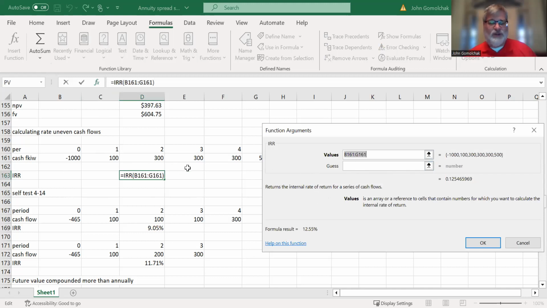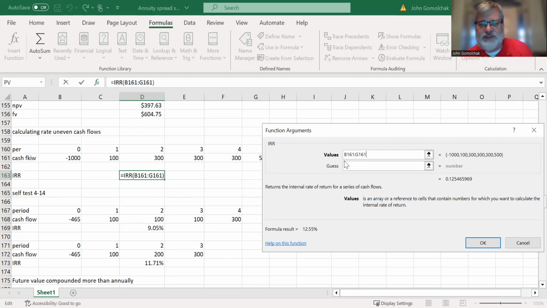Now, it doesn't look like you've got a whole lot going on here. It's just a whole bunch of numbers. Yes, that's right, but it includes what we paid in year 0. So now the spreadsheet knows that it includes our investment, and then it knows the rest of the numbers are our return. So now all these values, B161, right there, the investment, through G161, which is our last return of $500.